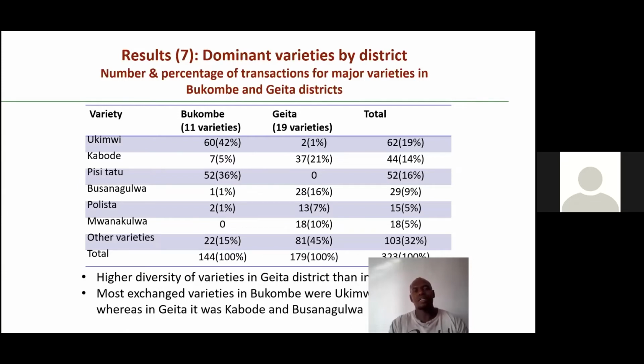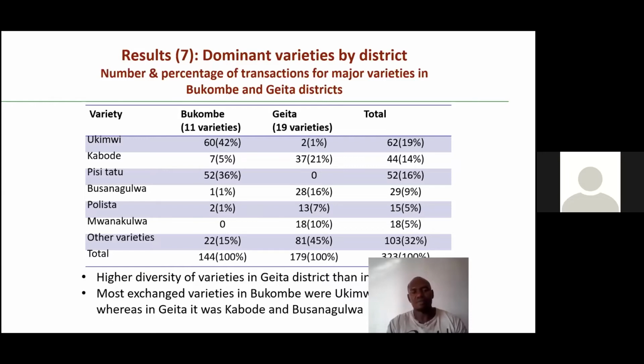And as you can see, the other thing we realized is that there was a higher diversity of varieties in Geita district than in Bukombe, whereby we had 19 varieties mentioned in Geita, whereas in Bukombe it was 11 varieties.